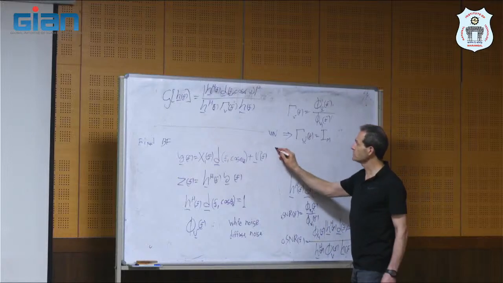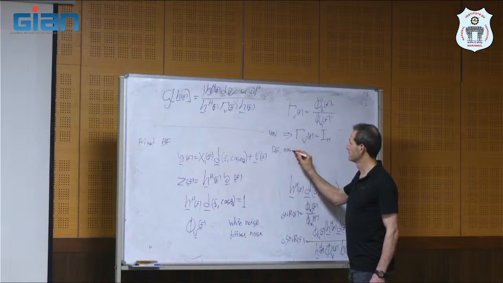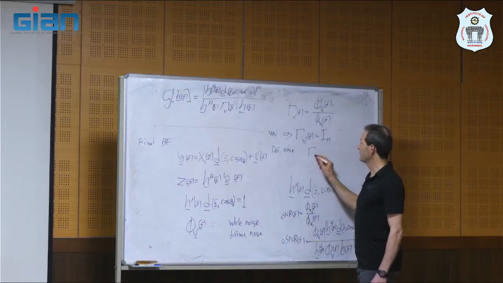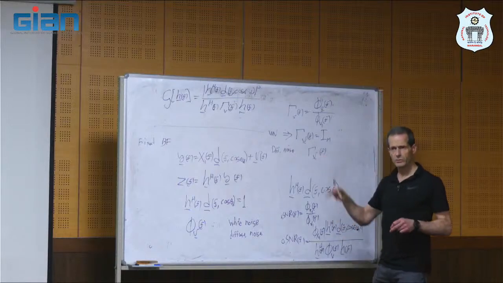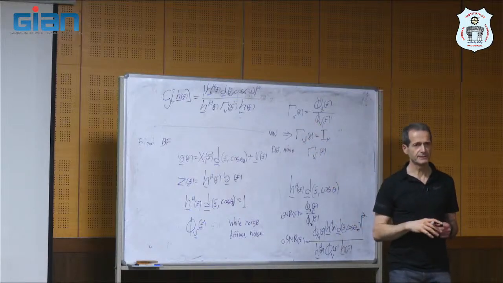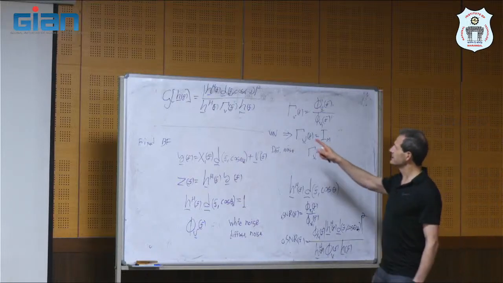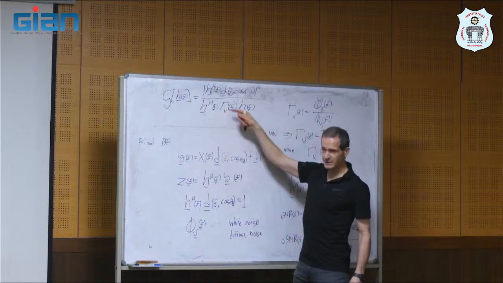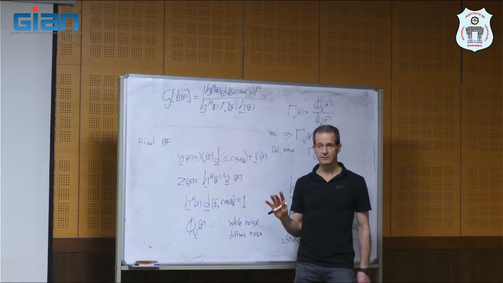If we have diffuse noise, gamma V will be something which we know, we will show. We know the elements, which is nice. So we know these correlation matrices for white noise and for diffuse noise.